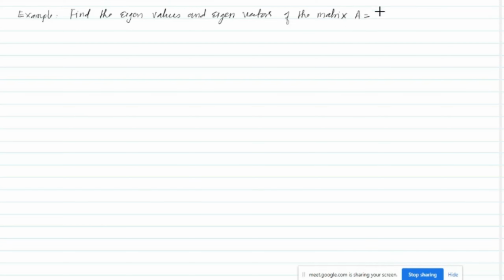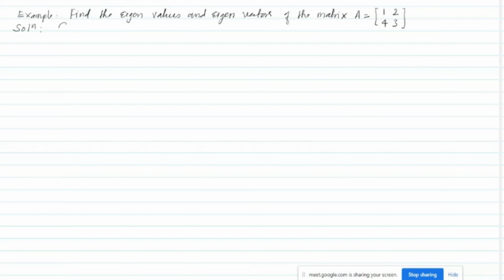A is equal to, write down the matrix, 1 2 4 3. This matrix is given to you, and what we have to do is find the eigenvalues and eigenvectors of this matrix. Okay, let us see the solution, how to find eigenvalues and eigenvectors of this matrix.